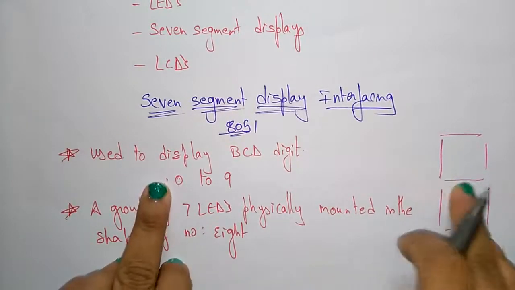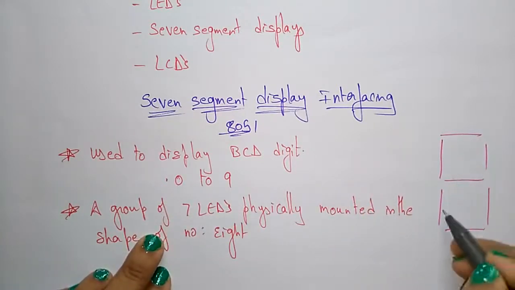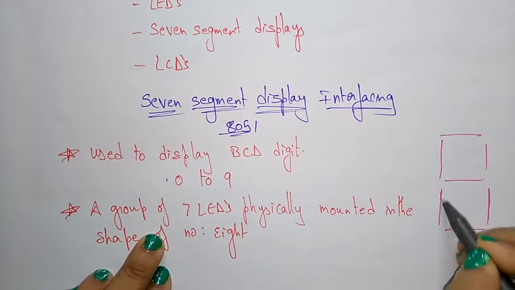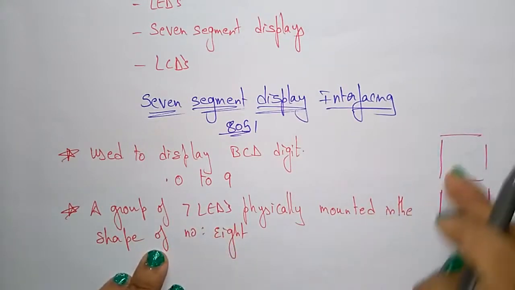So these are the 7 LEDs: 1, 2, 3, 4, 5, 6, 7, physically mounted in the shape of 8. This looks like 8.